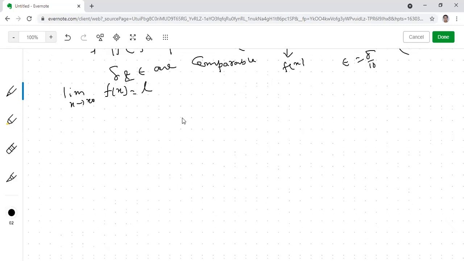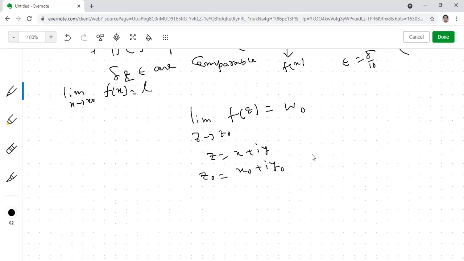So now here also we'll be doing the same thing. That means limit z tends to z0 of f(z), let's say the limiting value is w0. So here z is x plus iy, z0 will be x0 plus iy0, and w0 will be u0 plus iv0.